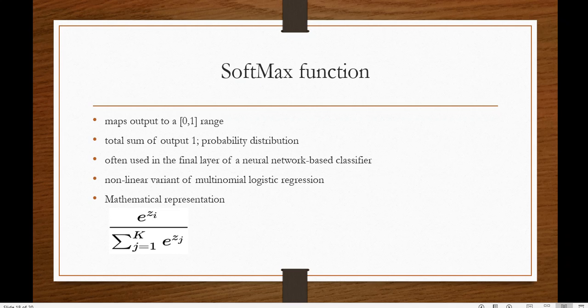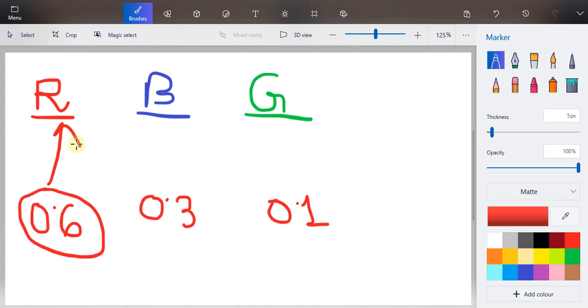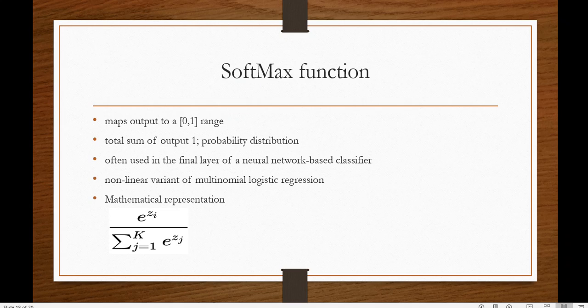After these calculations it will give me something like this, where the total probability will be 1, and I will get this type of data from the outcome of the softmax activation function, and then I can decide that as this class has the maximum probability, I can put my input in this class. So that way the softmax function can help in the output layer. So generally it is used in the output layer or final layer of the neural network.